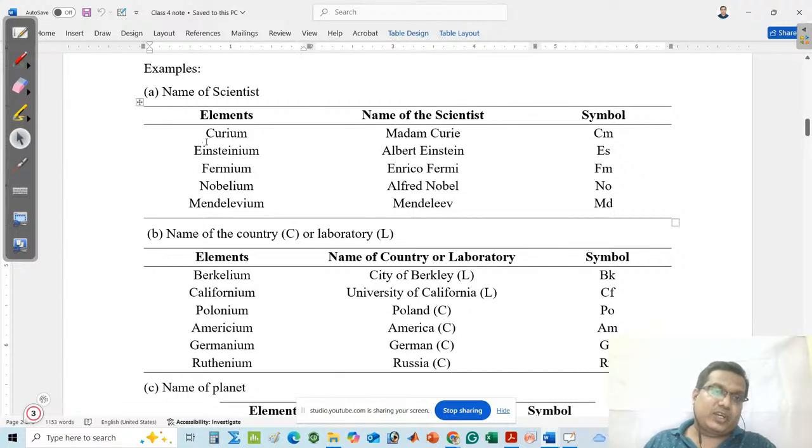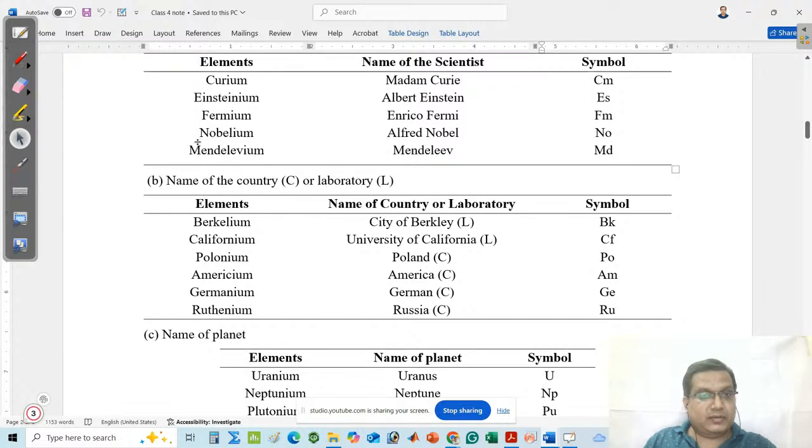For example, curium is named after the scientist Madame Curie. Its symbol Cm is related to her name. Next, einsteinium, Albert Einstein, symbol Es. Fermium, Enrico Fermi, Fm. Nobelium, Alfred Nobel, No. Mendelevium, Mendeleev, Md. These are the elements whose symbols are derived from the name of a scientist.